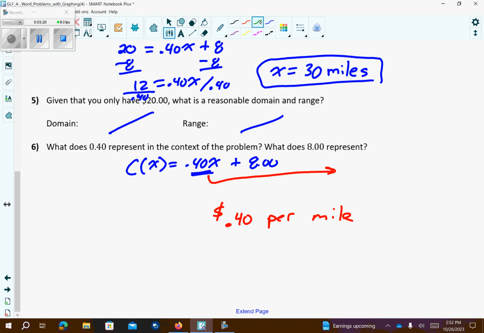And then the $8, what does this mean? This is an automatic charge. If you called the company to come pick you up, they're going to charge you $8 just to have the car get to you, or the truck, or whatever type they're going to take you on the Uber drive, okay?